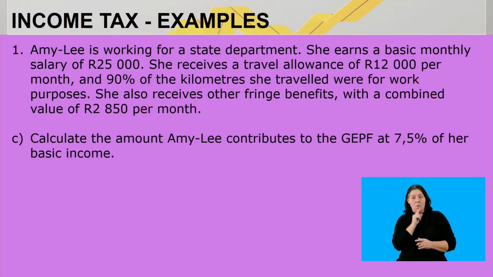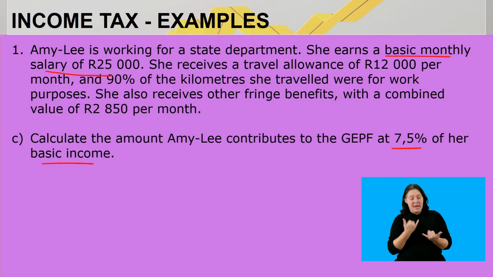Still the same scenario. This time around, we are asking, calculate the amount Amy Lee contributes to the Government Employees Pension Fund at 7.5% of her basic income. Okay, so it's 7.5% of her basic income. So looking at the scenario, she earns a basic monthly salary, right?